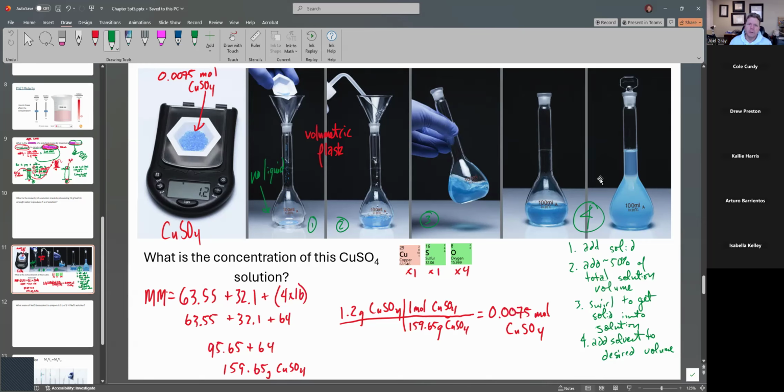It doesn't matter, because that should just be water. It doesn't matter that maybe you added 98 milliliters of water, because the solution's volume, the combination of the solvent and the solute, is 100 milliliters.